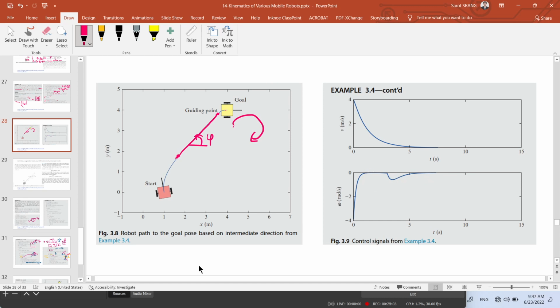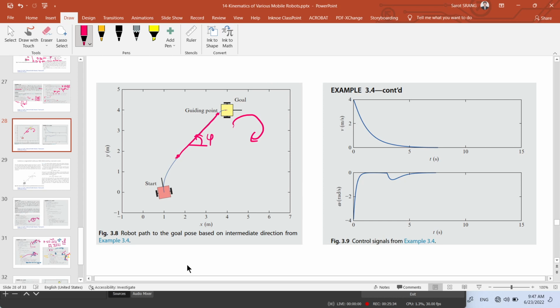So this algorithm seems very nice because the change of angular velocity is not much, and the algorithm is very simple. But this algorithm can be applied to a differential drive wheel, but cannot be applied to a car-like robot.